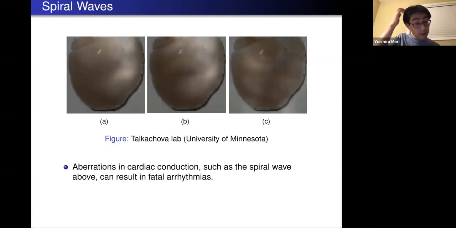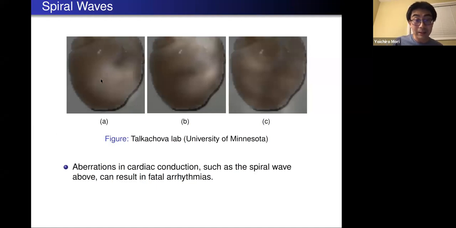What you're seeing here is a visualization of the heart's electrical signal. And this is a spiral wave. Usually the electrical propagation in the heart is much more orderly. It does not form a spiral wave. If a spiral wave forms in your heart, you're in a lot of trouble.